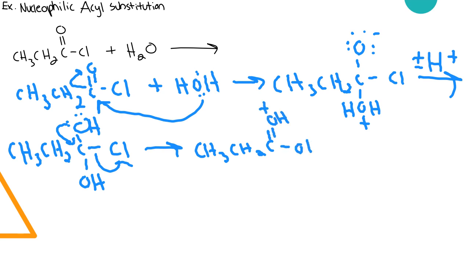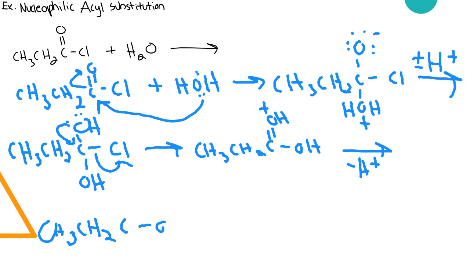So now that oxygen is positively charged, but that hydrogen is labile, it comes off. What does labile mean? Labile means it is easy to come off. It'll come off without you having to do anything or anything happening to it. It does not want to be there, so it can leave easily. And you end up with a carboxylic acid.